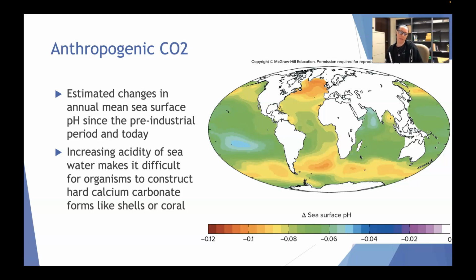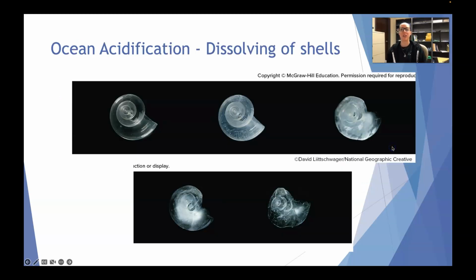And then, again, the increasing acidity makes it really hard for organisms to construct hard calcium carbonate forms like shells or coral. And so here is some pictorial evidence of what can happen to a shell that is introduced to water that is too acidic for the calcium to stay.